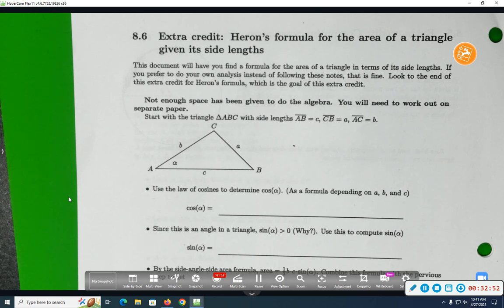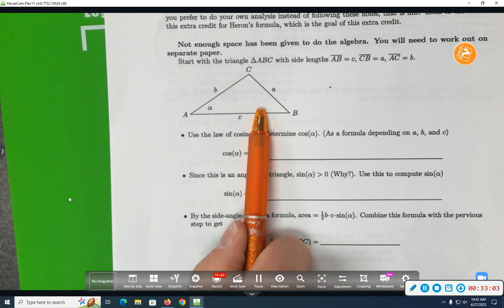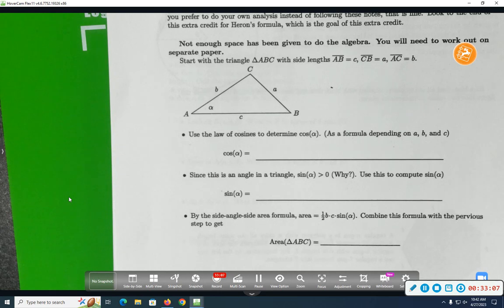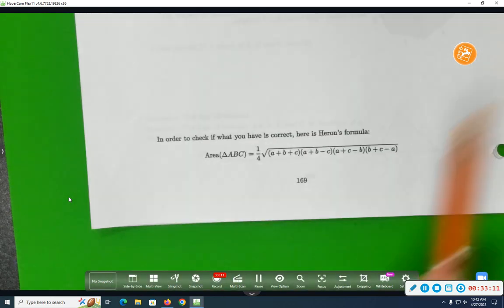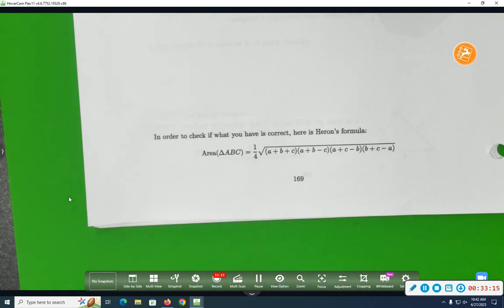In fact, we have an area formula that's like 1/2 AB sine theta. So you should be able to put those two things together and get a formula for the area of this triangle in terms of the side lengths. Do the work to get it. The algebra gets a little hard. Not that hard. Maybe there's not enough space on this page to do this one. But to help you out, to see if you have it right, I've given you the right answer at the bottom. So figure that out, and then come talk through it with me.